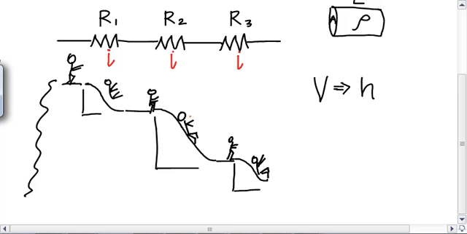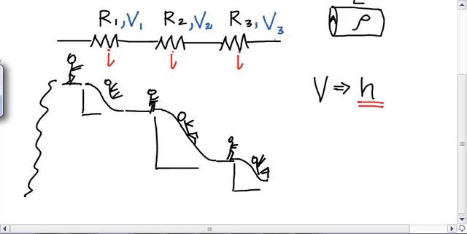Now, what can be different about the slides? The height. So what can be different about each one of these resistors? What's analogous to height? The voltage. So maybe this resistor has V1, and this resistor has V2, and this resistor has V3.